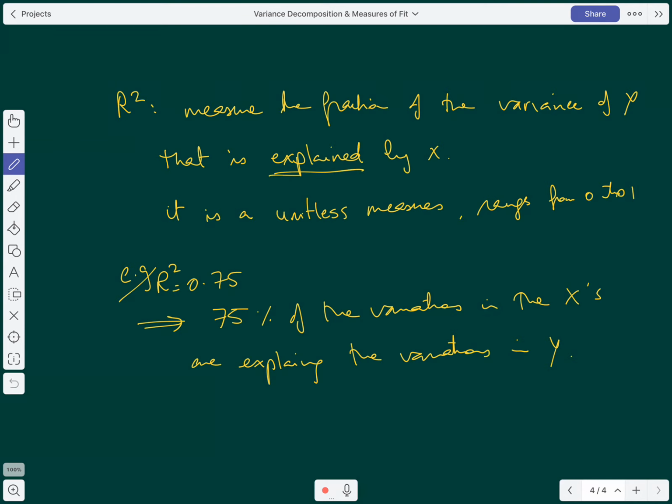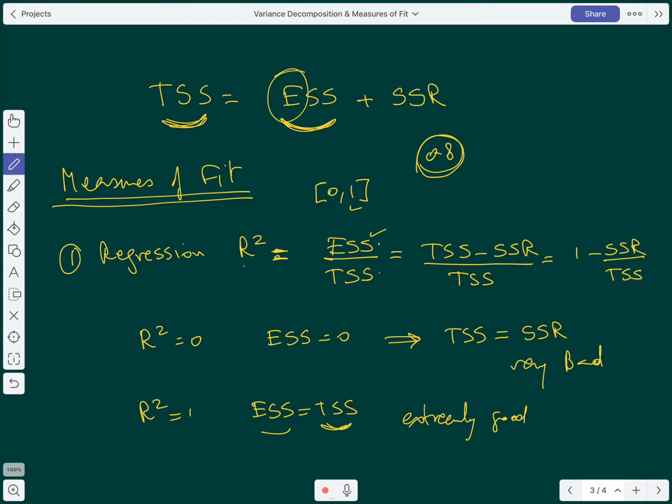The word explained is very important. Our main measure is called explanation.